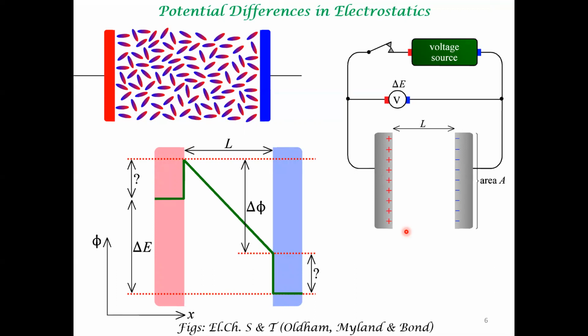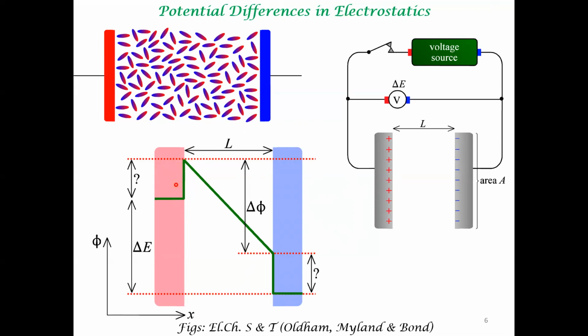Okay, in an electrochemical system, the interfacial structure between the electronic conductor and an ionic conductor can be quite complex. Associated with a complex interfacial structure, there is this potential jump.